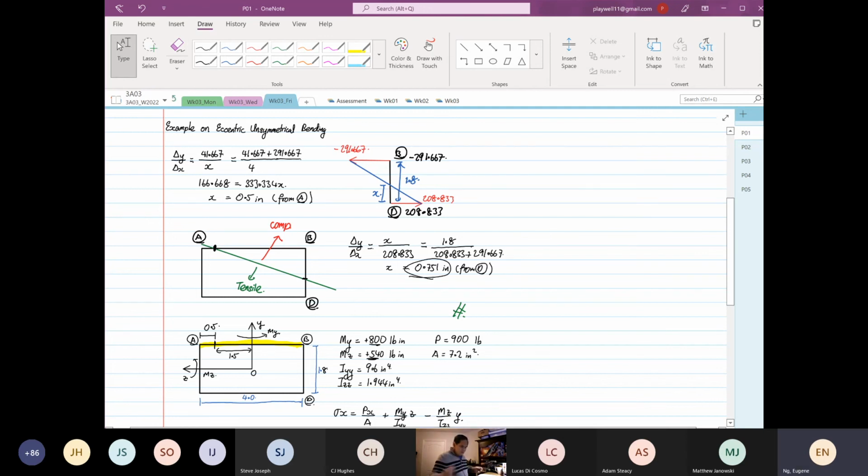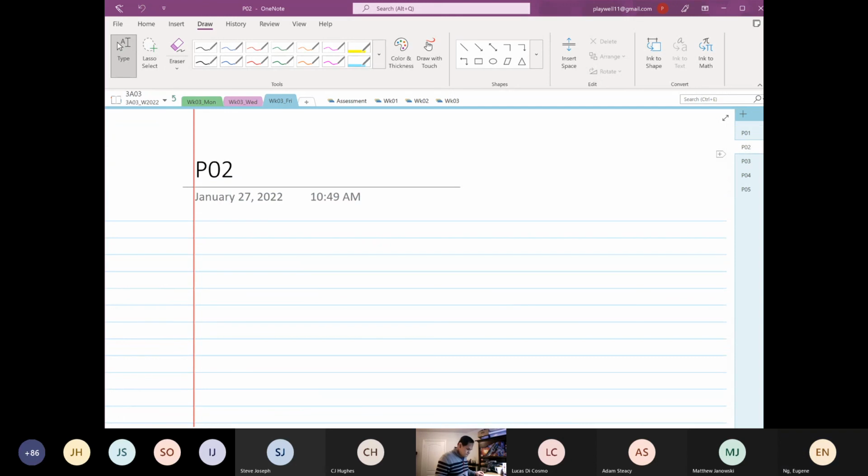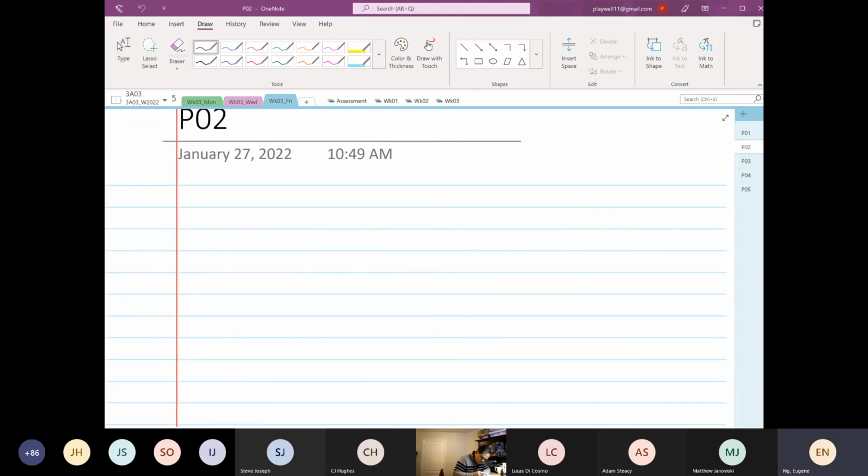Okay. Now, the next topic is going to be about shearing stress. And this topic, I think when you were taking 2P last term, probably Dr. Koshi did a very quick introduction. Am I right? Were you all tested on 2P regarding shearing stress?